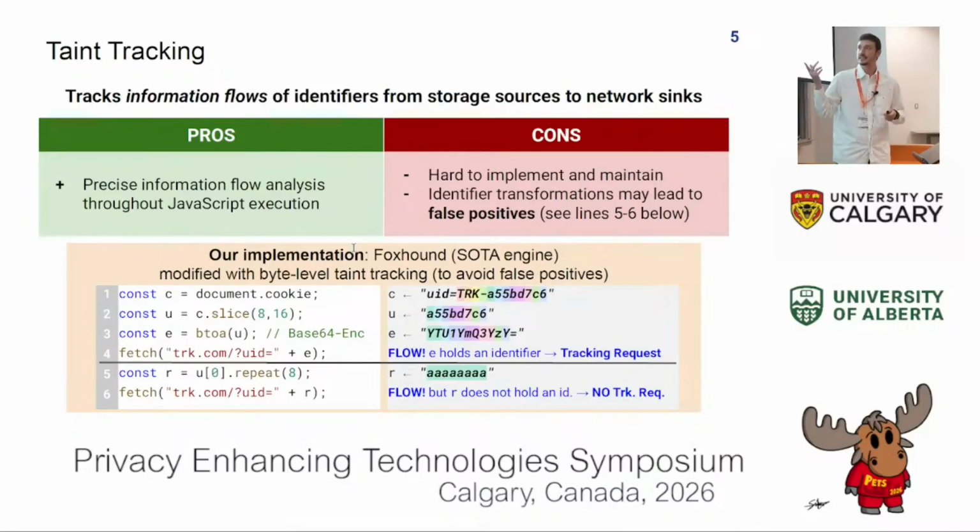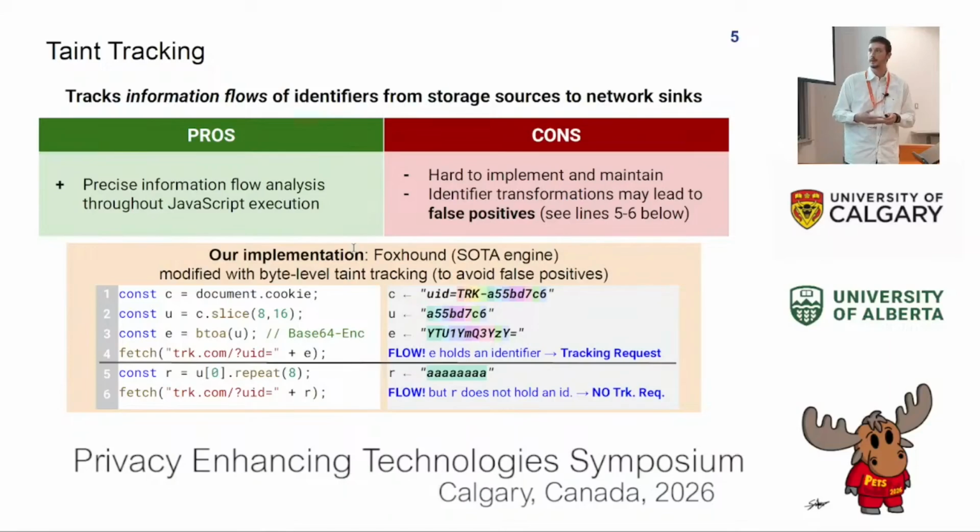As you may see in this example, here we have an information flow from the document.cookie source, applying some transformations that preserve the tracking potential of the read identifiers. And finally, the transformed identifier is sent to the trackers by means of a fetch, which is the network sink.